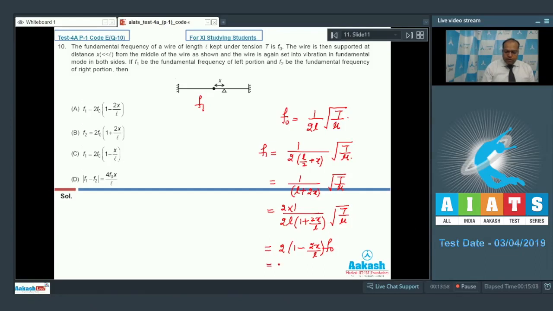So on further rearranging, I can write 2f naught into 1 minus 2x by L. Similarly, for f2, I can write 2f naught into 1 plus 2x by L. So option A and B are correct. If I find out the value of modulus of f1 minus f2, then it is 8 times f naught x by L. So option D is wrong. So the correct answer for question number 10 are option A and B.